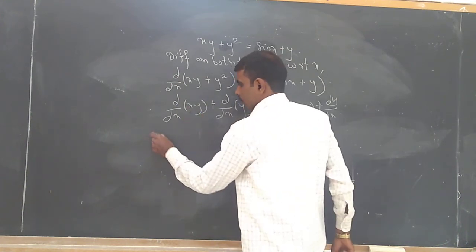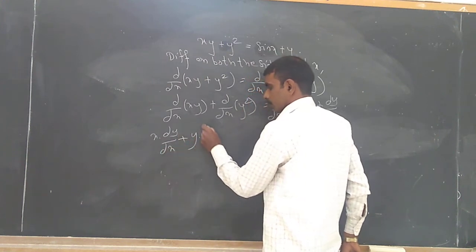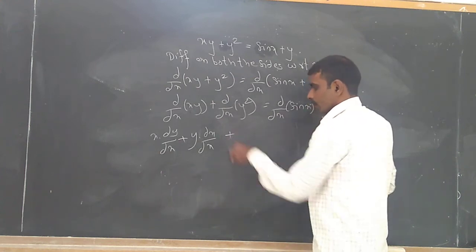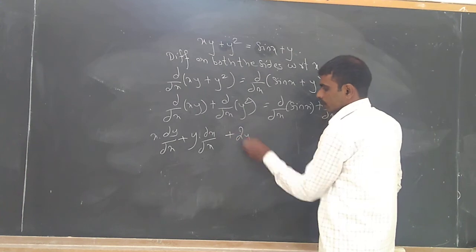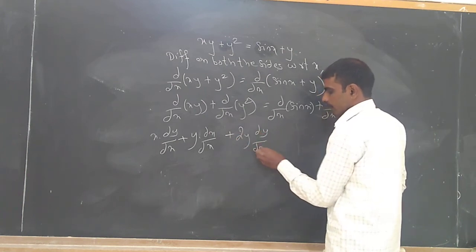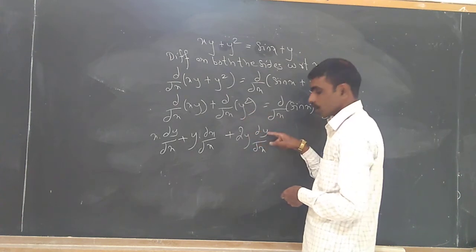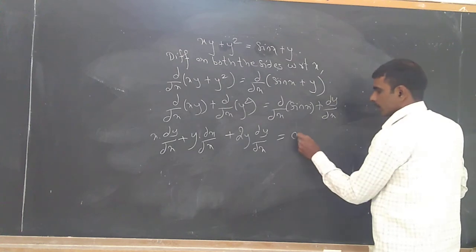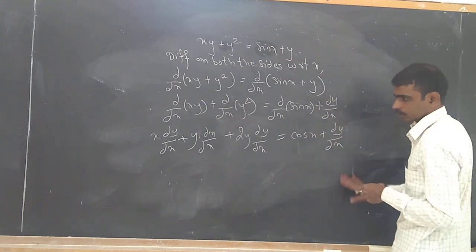So first function keep it as it is into derivative of the second function, plus second function keep it as it is into derivative of the first function, plus outer function is y square, so it will be 2y into dy by dx, into d by dx of y, which is the inner function. Derivative of sin x is cos x plus dy by dx.